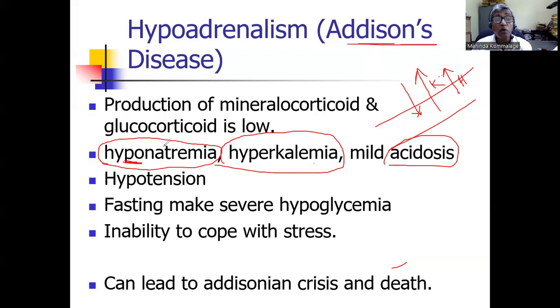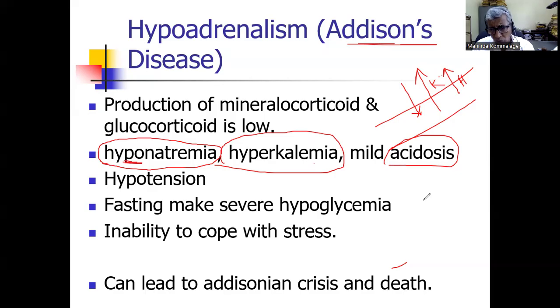If there's low sodium in the body, what will happen to the water level? I already mentioned, if there's sodium reabsorption, water also will reabsorb.